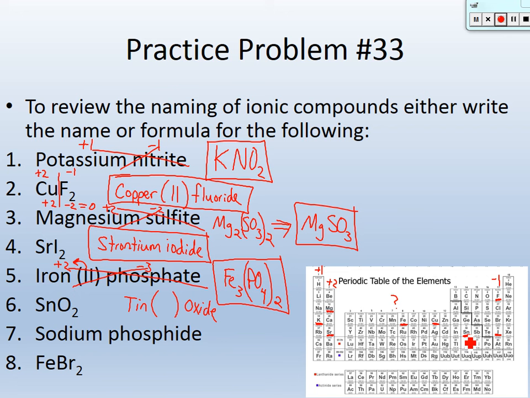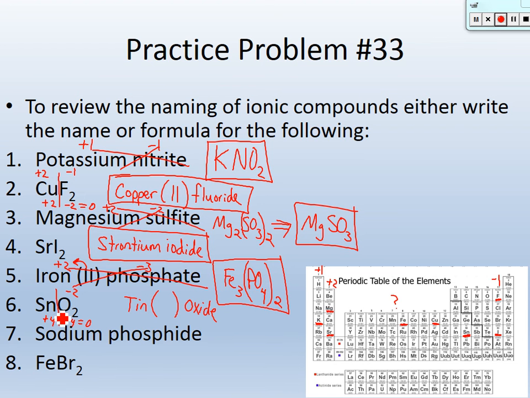Now, all I have to do is find the charge of tin, but because it sits right here, I don't know for sure. Let's figure it out from the other side of the compound. What's the charge of oxygen? -2. How many do I have? 2. So what's a -2 times 2? -4. Well, we know that the charges have got to sum to 0. So if this half is -4, what does this half have to be? +4.